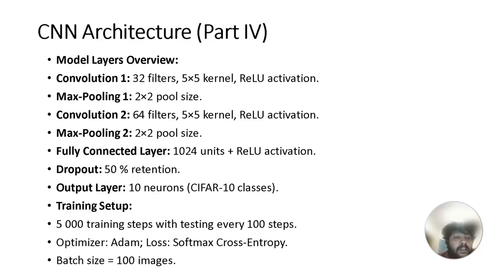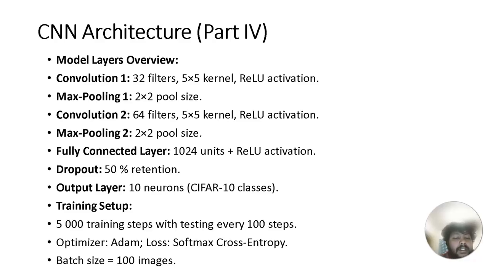Coming to the training setup, here we have used 5000 training steps with testing every 100 steps. We could do it every 200 or 300, but for precision we have used every 100 steps, optimizing with Adam and softmax cross-entropy loss.